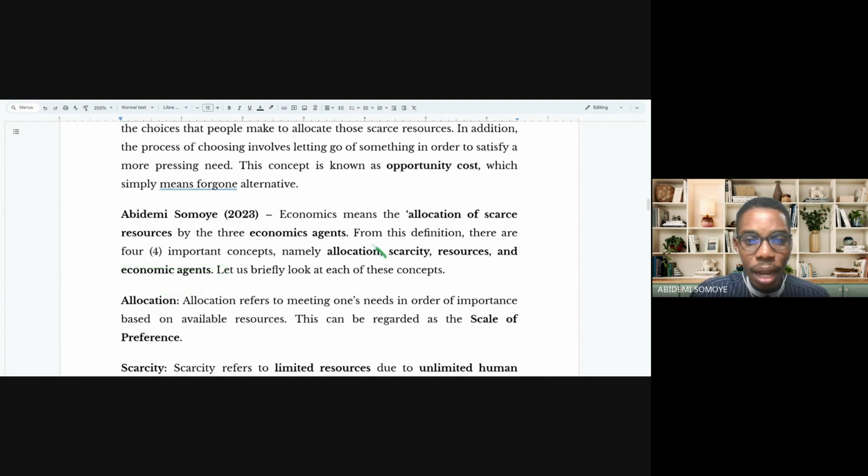I've dealt with allocation, which refers to allocating your needs in order of importance, which I refer to as scale of preference. I've talked about scarcity, which deals with limited resources as a result of unlimited human wants.